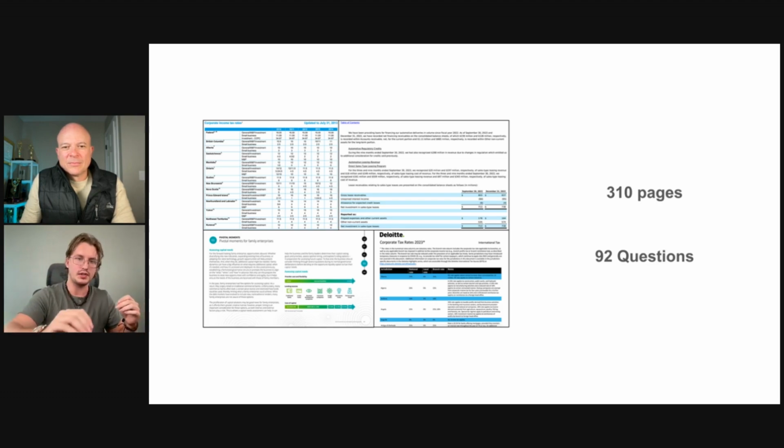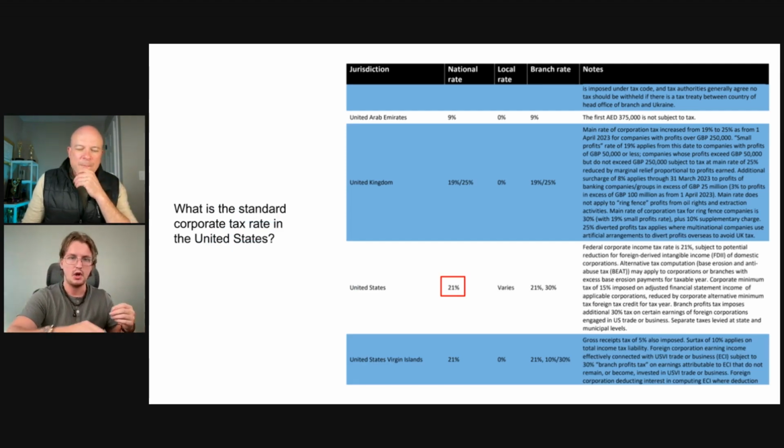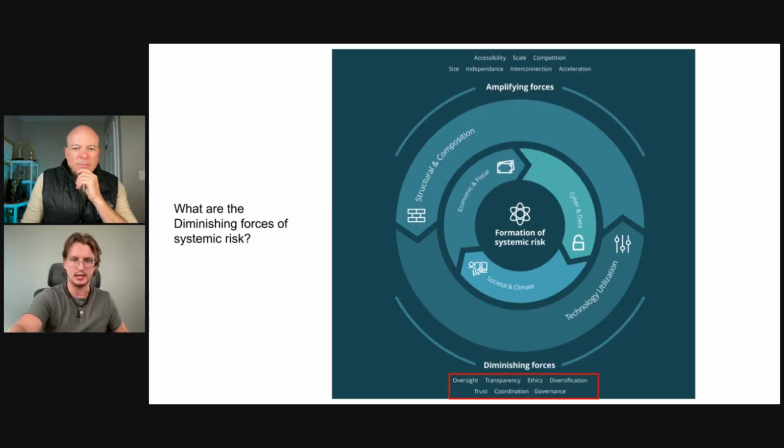These are questions like, what is this information? What is that information? Can you give me the branch rate in Belgium? What is the definition of a telco? A bunch of questions about these documents. Here are some examples. What is the corporate tax rate in the United States? Within one page of one document and one table, you can see that the national rate in the United States is 21%.